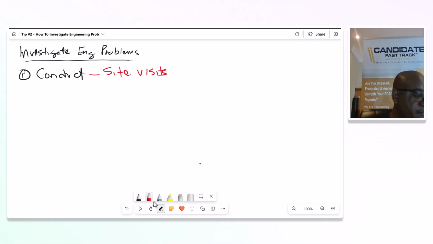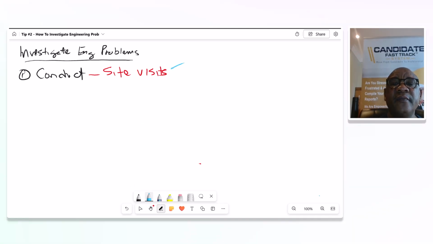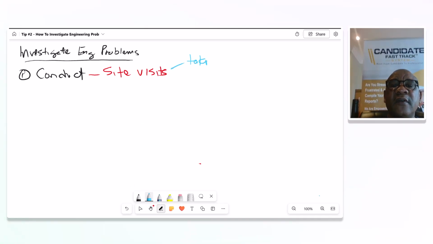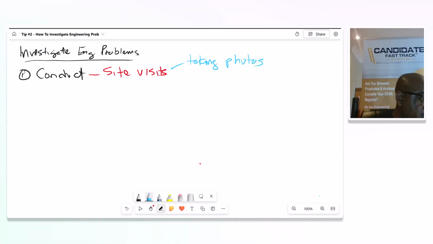During your site visit, there are things that you must do. You'll be taking some photos of the problem that you're trying to investigate. You'll record some measurements, if that is something that you need to do to investigate.